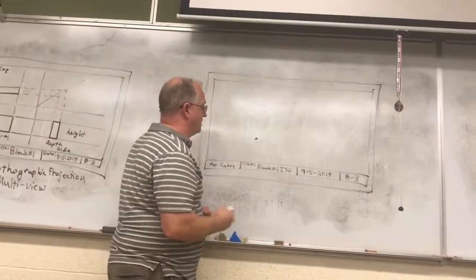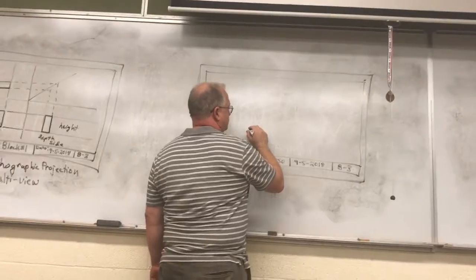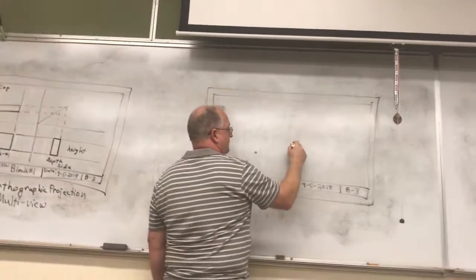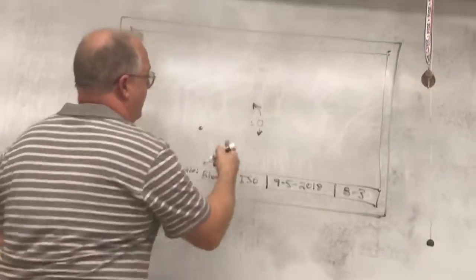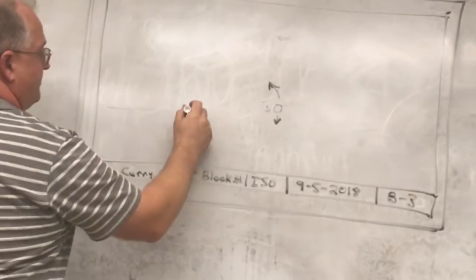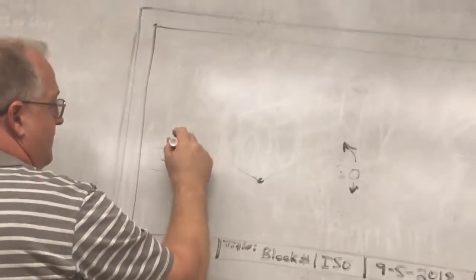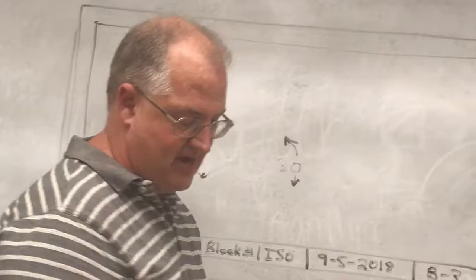So the next thing we're going to do, and here you're just going to estimate, is draw another construction line at 30 degrees going up that way. So we can mark that. That's roughly 30 degrees going this way. And we're going to draw another one going about 30 degrees this way as well. So that's what makes this an isometric. There are other degrees that they do it, but 30 is the most common.